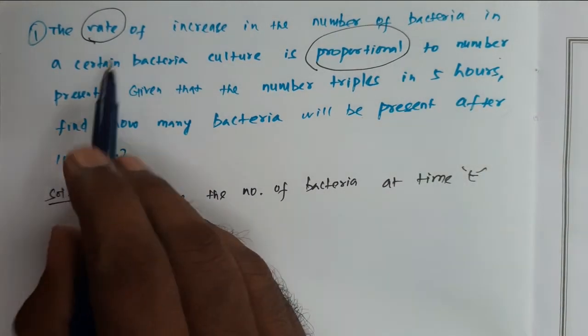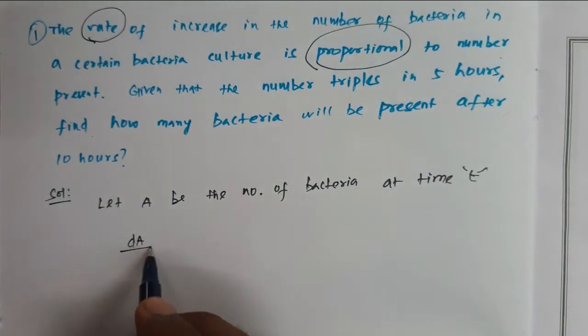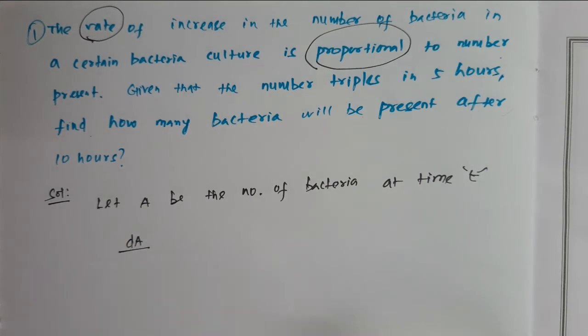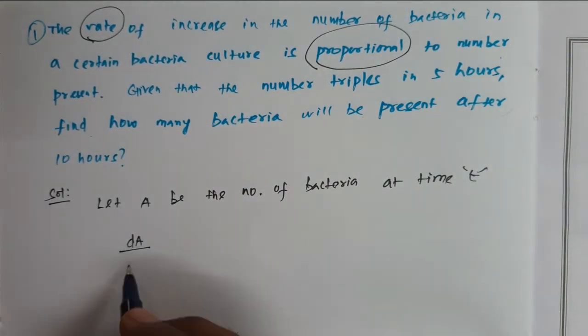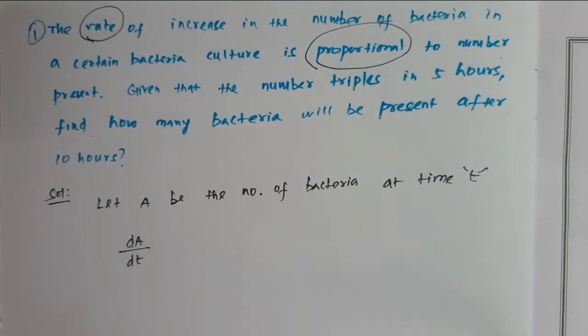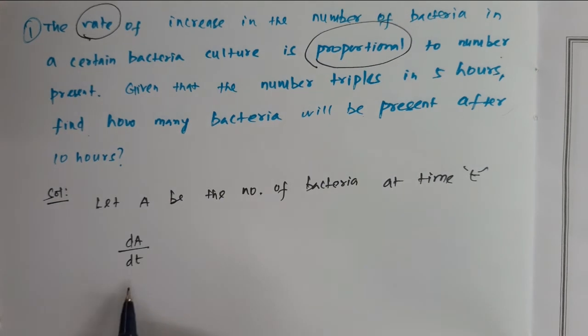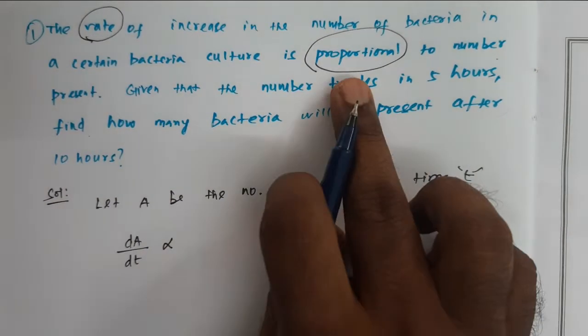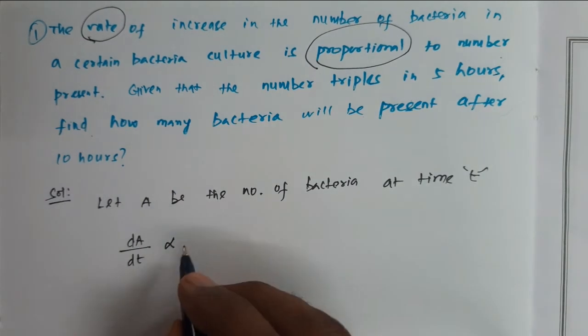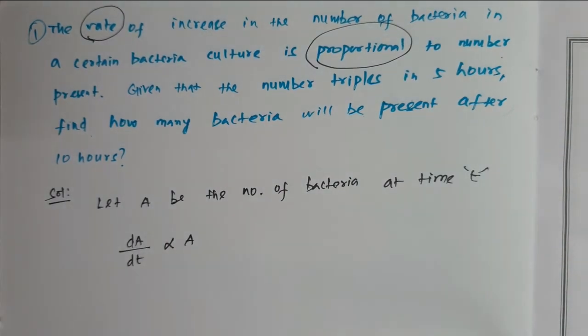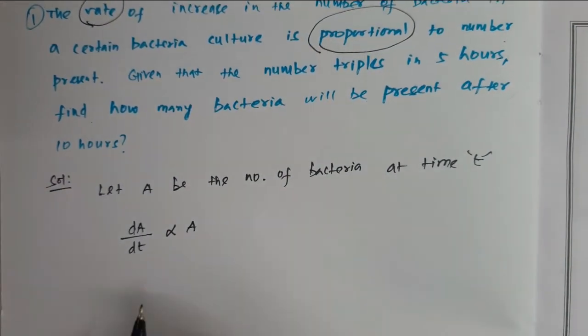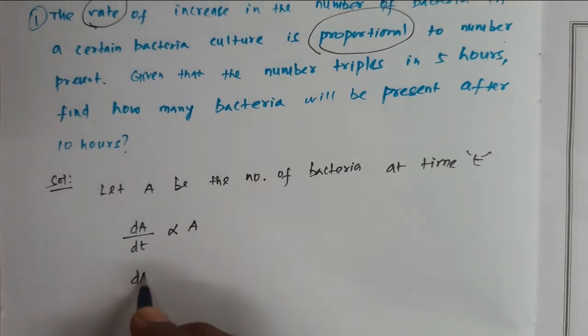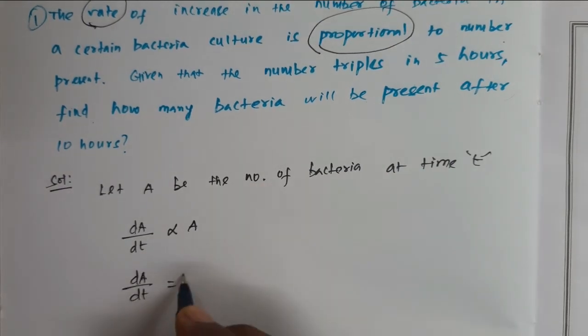So the rate, the derivative dA by dt, with respect to time t, is proportional to the number present, A. So dA by dt is equal to kA.